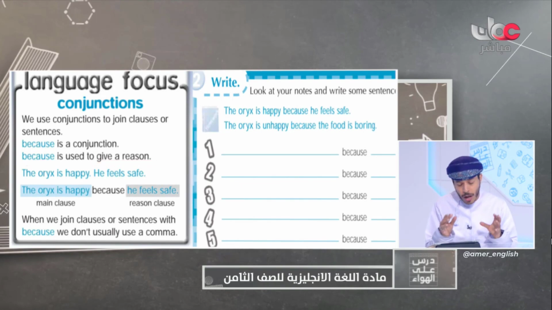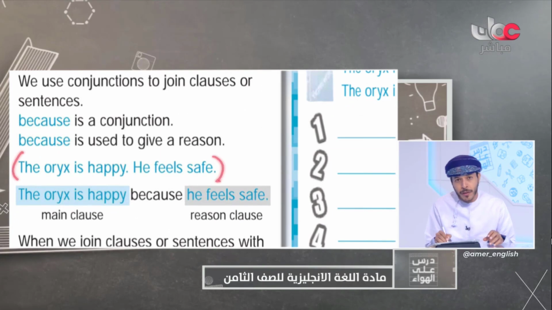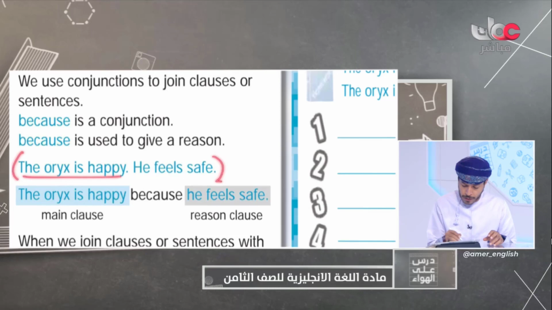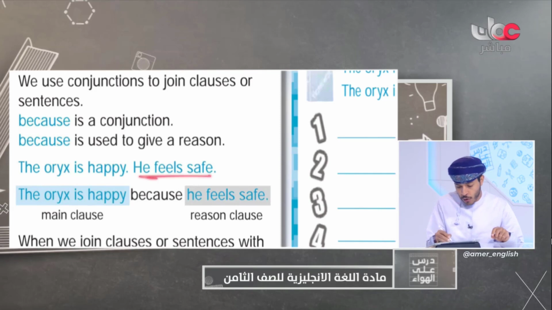For example, look at this sentence. The oryx is happy. Okay, this is sentence number 1, and this is sentence number 2. So we want to delete this full stop and link these two sentences because this is a reason.